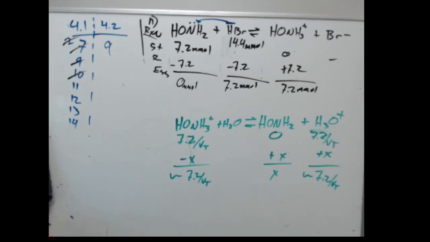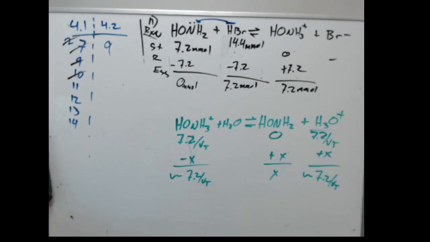I don't know the Ka for this, so I might be totally off, but since it was a weak base, I'm guessing the Ka is really small, like on the order of 10 to the minus 10 or 11. Oh, 10 to the negative 5, that's not nearly as weak as I thought, but still.